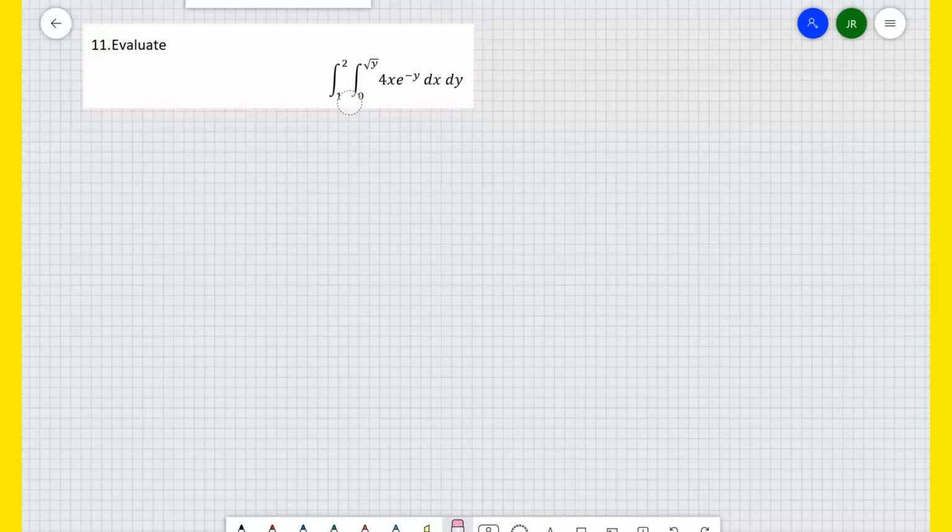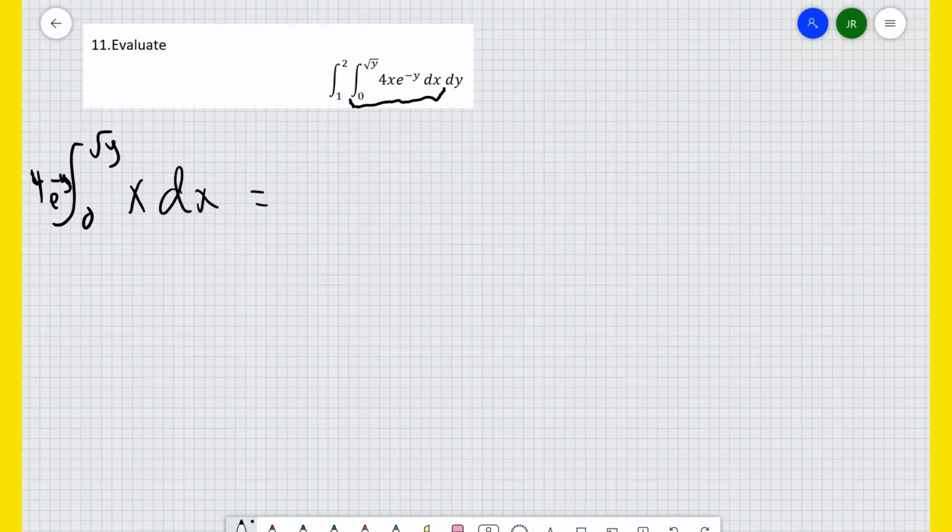So again, doing the inner integral first. That's going to be the integral from 0 to square root y. I'm doing dx. I'm going to put 4e to the negative y out here because that's just constants as far as the integral with respect to x is concerned.